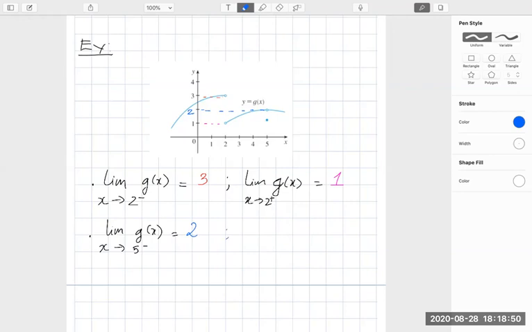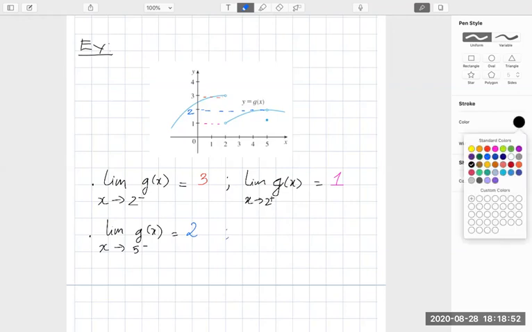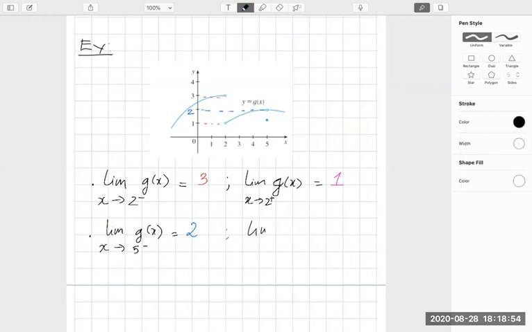And the same story, the limit of g of x when x approaches the right side of 5 should be the same thing, right? Should be 2.